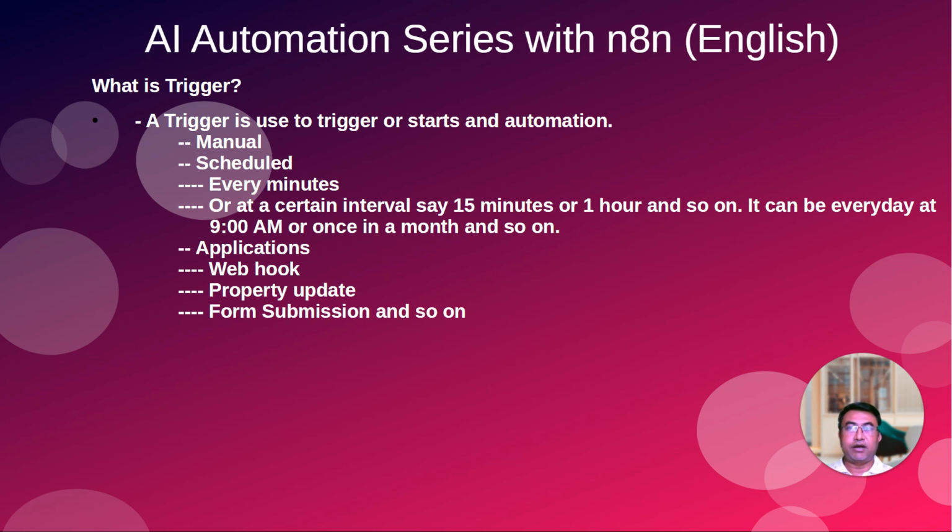A trigger is used to start an automation. It can be a manual trigger, or it can be scheduled at a certain interval of time, say 15 minutes or an hour, or at a particular time, say every day at 9 a.m. or once in a month, as per the requirement of the client.